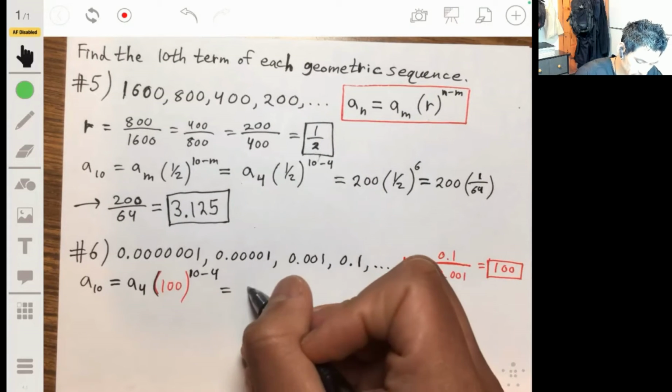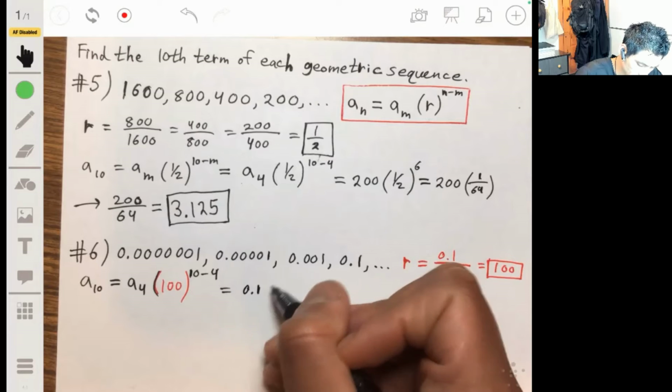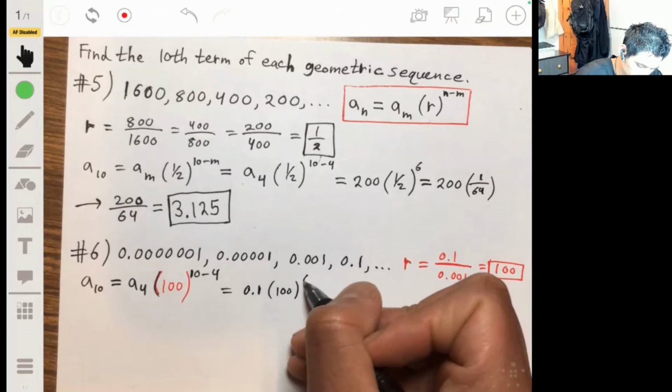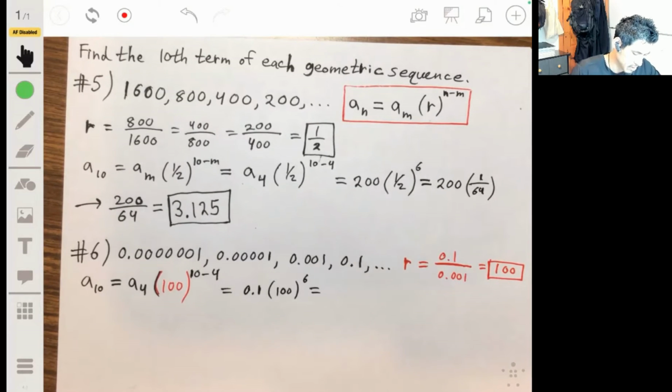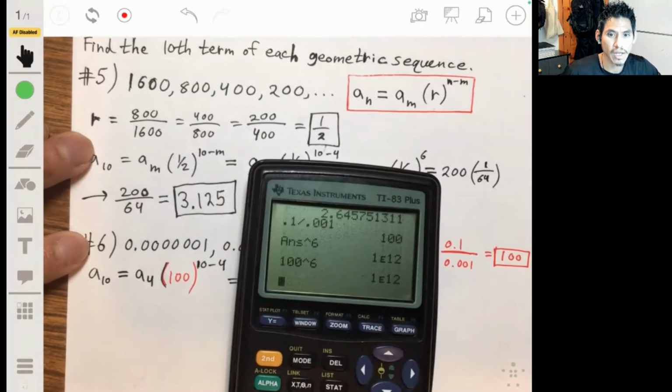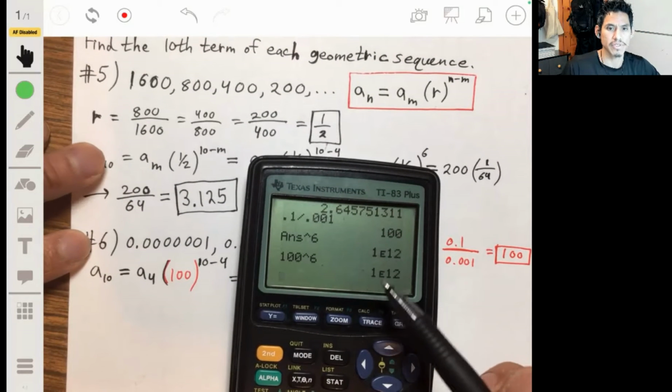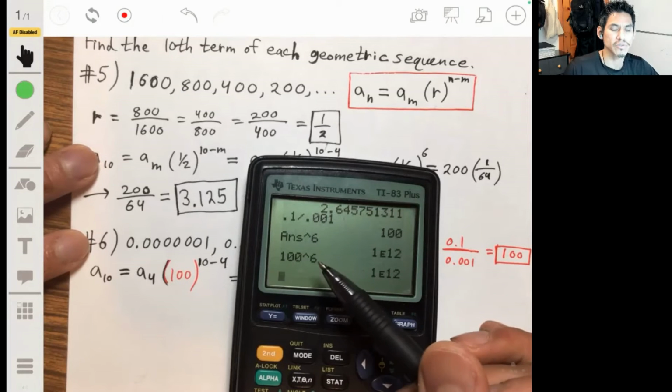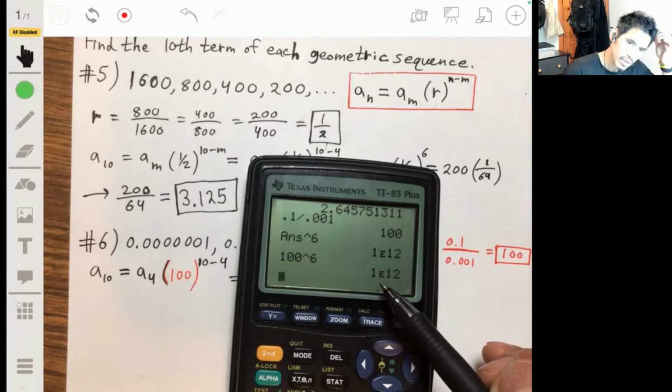A4 is 0.1, to the 6. Let's see if you can understand what this notation is. We have 100 raised to the 6th power.